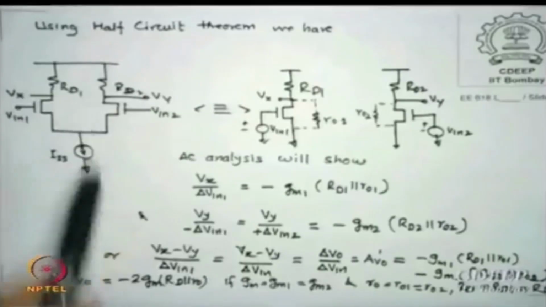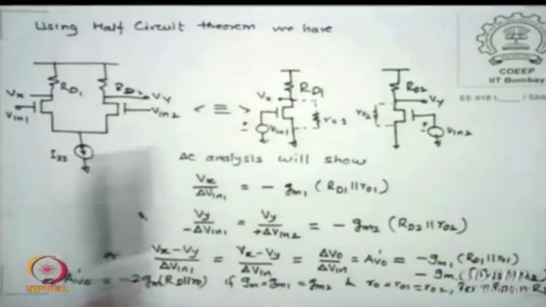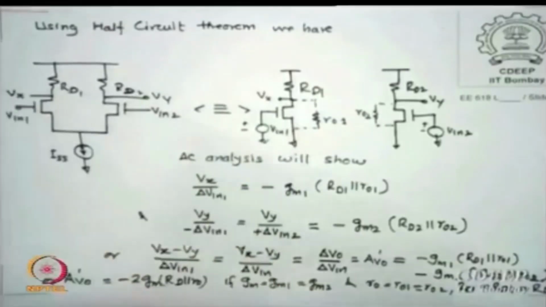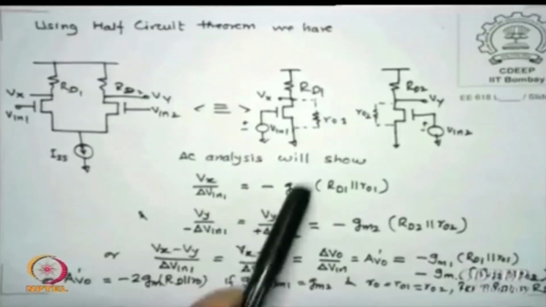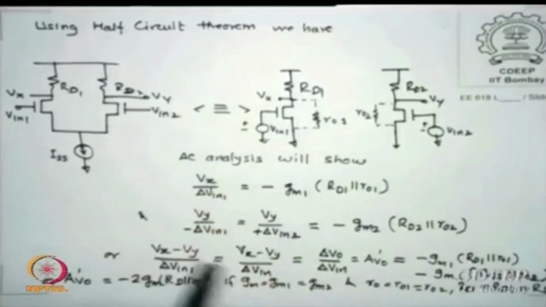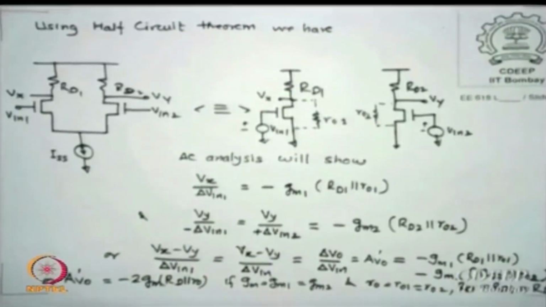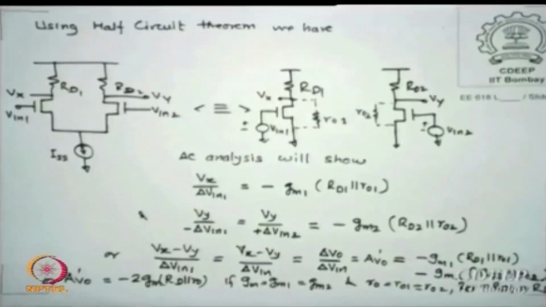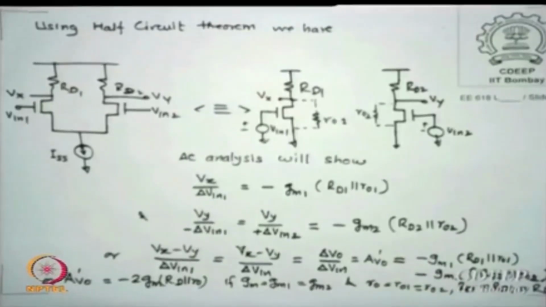Typically this op amp can be converted into half parts, and you solve the output voltage at this by a simple amplifier, minus GM1 (RD parallel R01). Similarly you do for the other side, which is Vy by minus delta Vn1, which is minus GM2 (RD2 parallel R02), and if I subtract or add whatever it is, I will get GM1 (RD1 parallel R01).